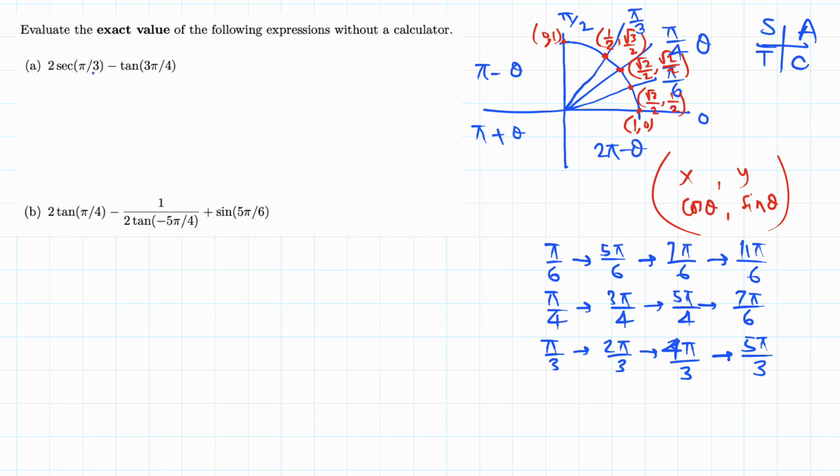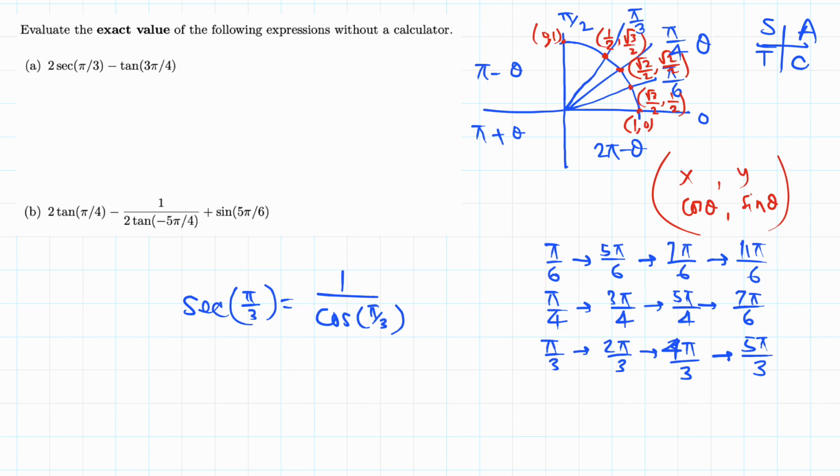So here, secant pi over 3. We don't have a value for secant, we have only values for cosine and sine. So we need to find secant. Secant of any angle, here pi over 3, is the reciprocal of cosine. So we need to figure out the value of cosine pi over 3 and flip the fraction, take the reciprocal.